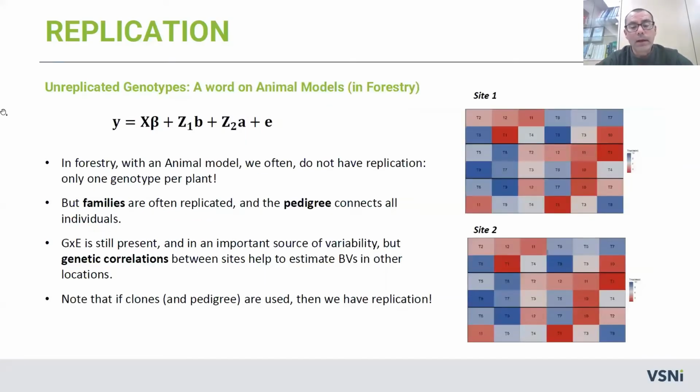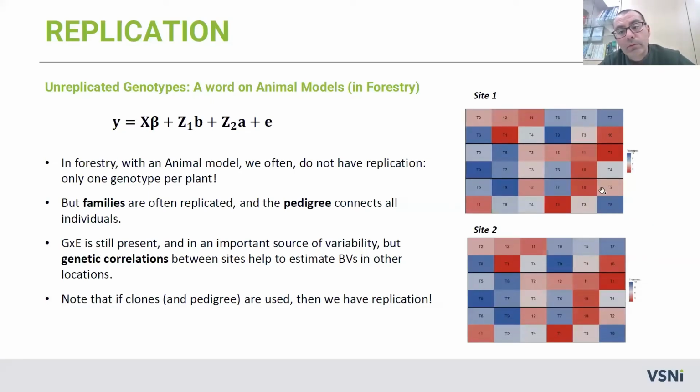One little word about the unreplicated trials is that when you are using the pedigree, they are no longer unreplicated. They're actually replicated. Why is that? Because now, let's consider, for example, these two sites, and I have treatment 2 and I have another treatment 2 somewhere. Each of these represents a family, and you have different individuals from that same family, and those individuals are a single copy.